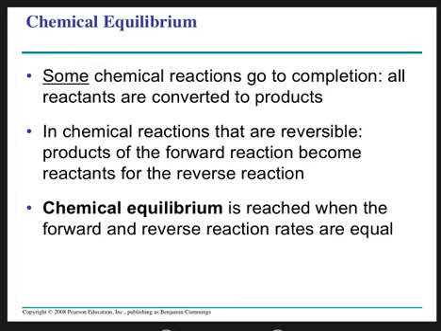It's kind of a circular situation. Okay, so the reaction is reversible, and that's how we get to chemical equilibrium. Chemical equilibrium says that the forward reaction and the reverse reaction rates are equal. So I'm making product just as fast as I'm breaking it down and turning it back into reactant. That's chemical equilibrium.